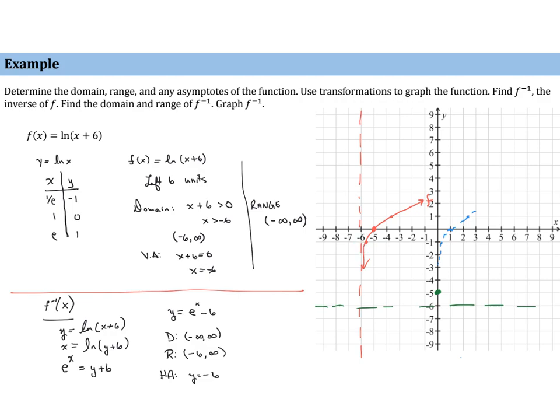So it'd just be -1, comma, a number just above -6. And then likewise, we would have 1, comma, and then that would be -4, or a little bit above -4. And our function would be increasing. So this is f inverse.